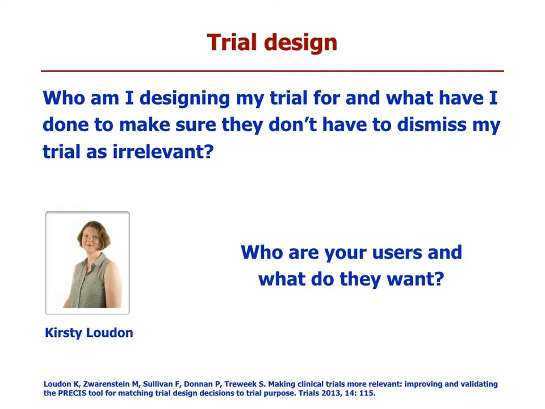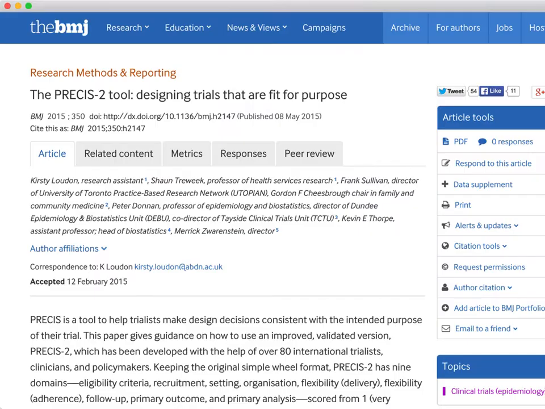That tool was called Tracy2, and it was reported in the BMJ a few years ago. You can see the reference here. The tool itself is described in some detail in that paper, and it would be worth having a look through the BMJ paper.